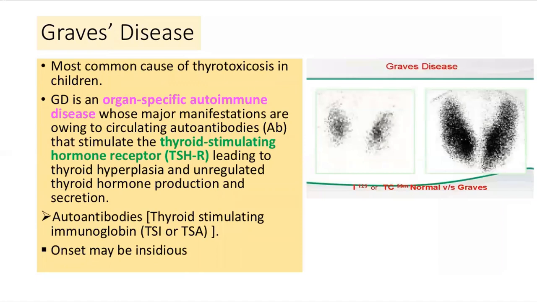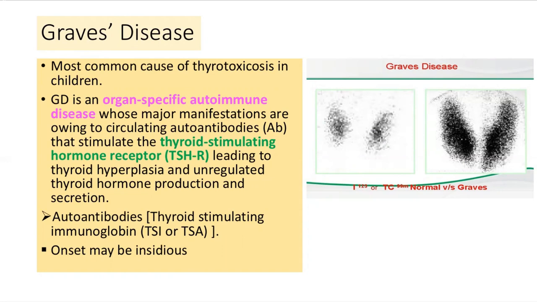So what is Graves' disease? It is the most common cause of thyrotoxicosis in children. It is an organ-specific autoimmune disease whose major manifestations are owing to the circulating autoantibodies that stimulate the thyroid-stimulating hormone receptor.